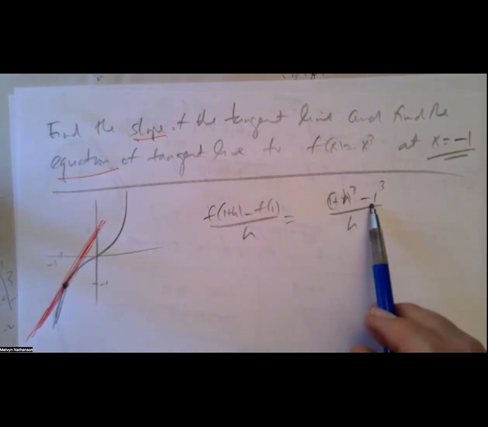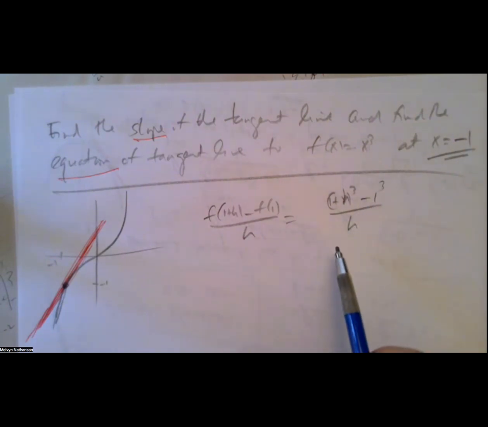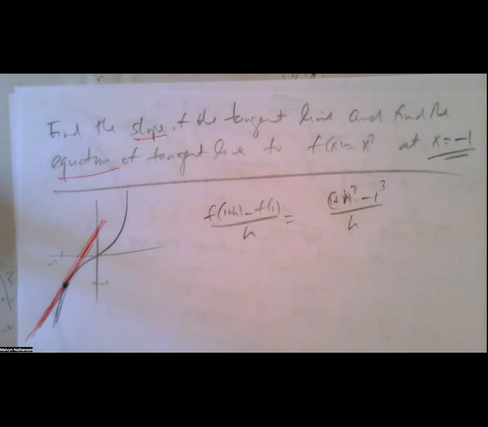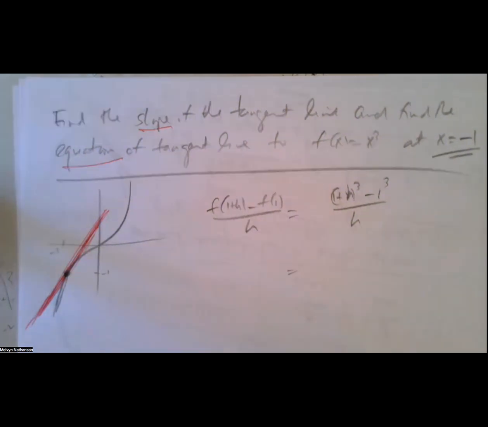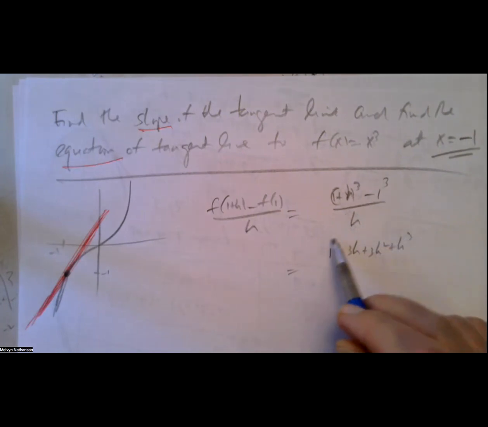So you need to expand this, simplify it, and see what you get. Let's see, if you expand 1 plus h cubed, you get 1 plus 3h plus 3h squared plus h cubed minus 1 over h.